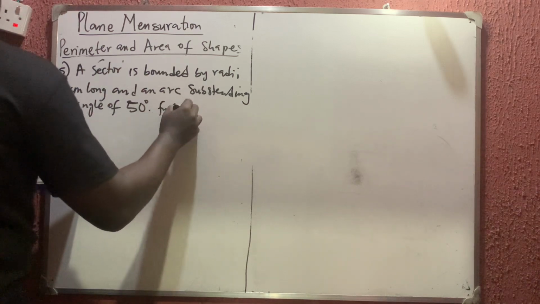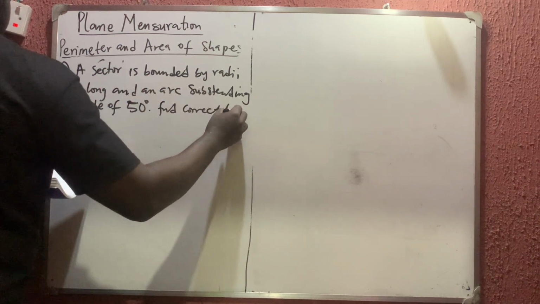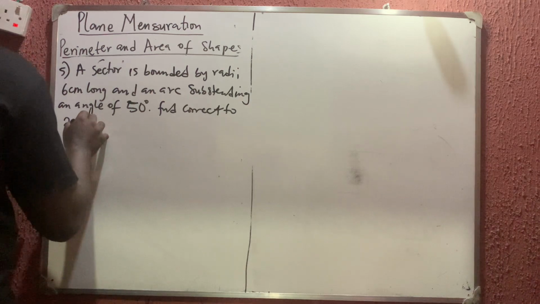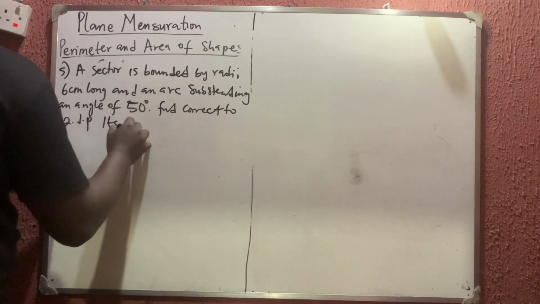You now say find correct to 2 decimal places its perimeter.